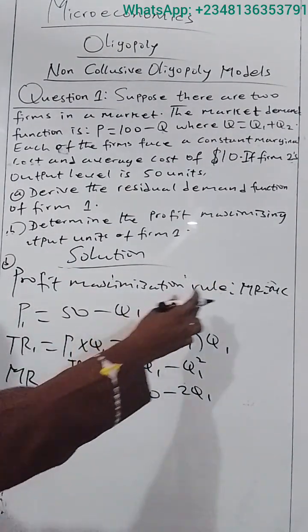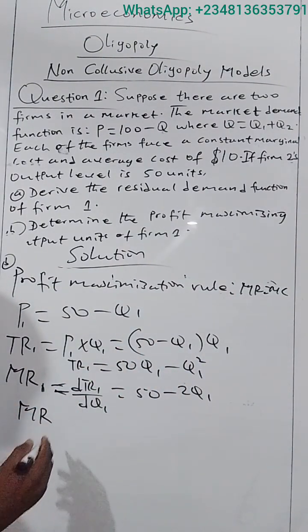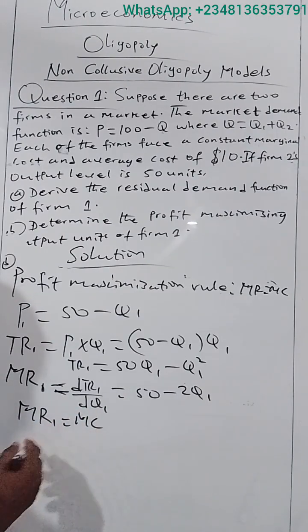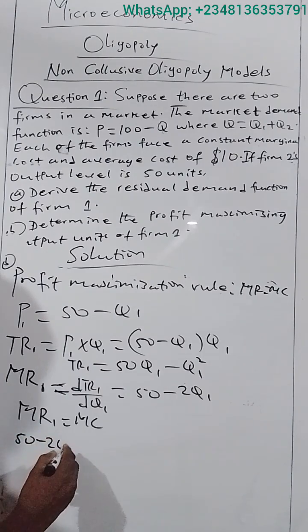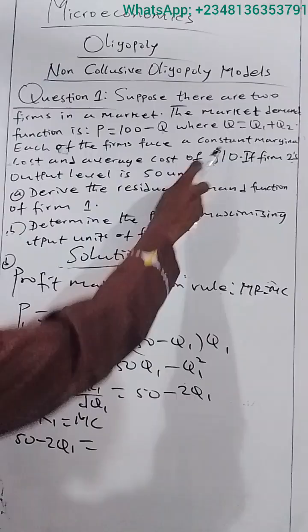Then you recall the profit maximization rule: MR is equal to MC. This MR1 is equal to MC. Our MR1 is 50 minus 2Q1. What is MC? Constant MC, 10.